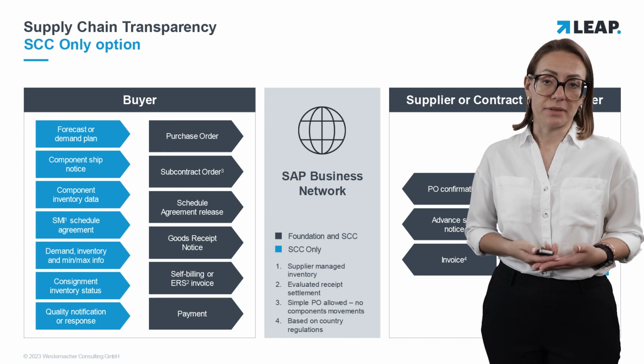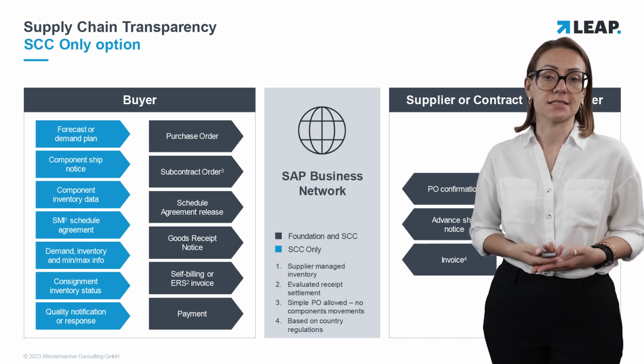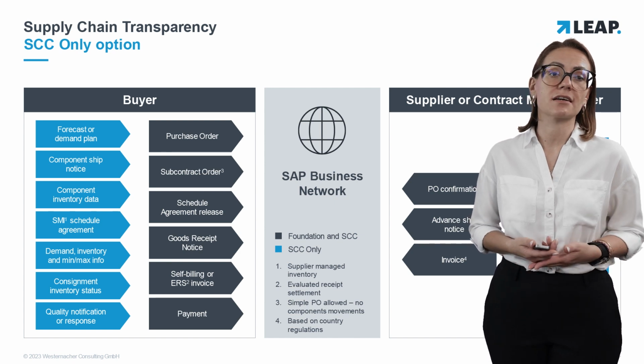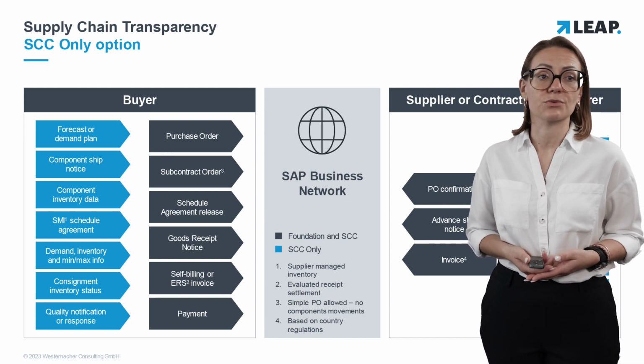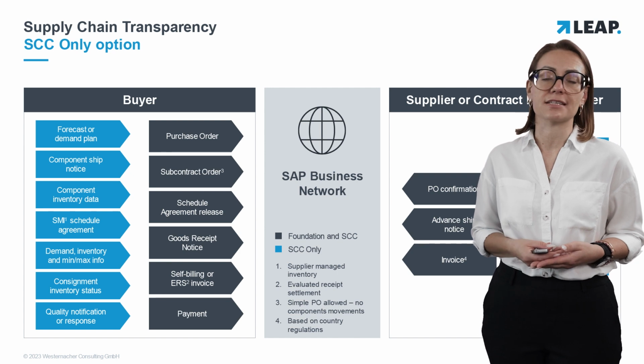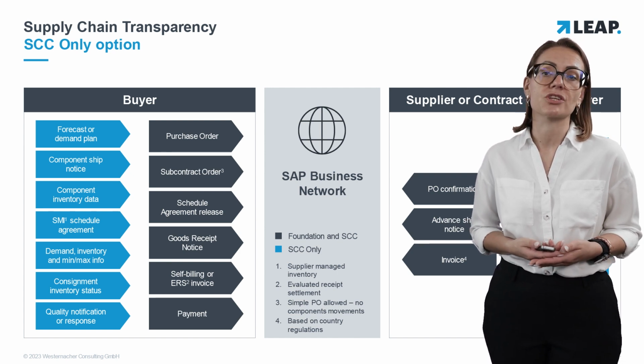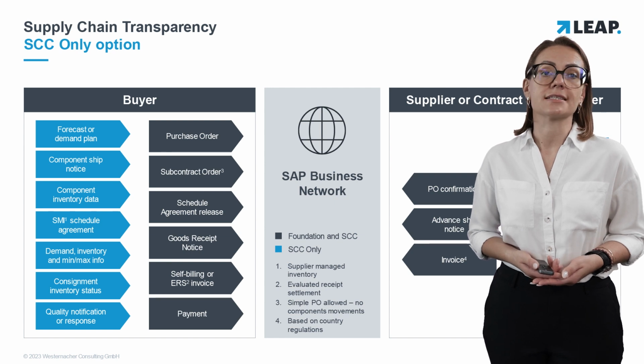In that case, the supplier, through SAP Business Network, can report to the buyer with information. What is the current available forecast? What do we have as our component consumption? What is happening? On which level is the consumption happening?